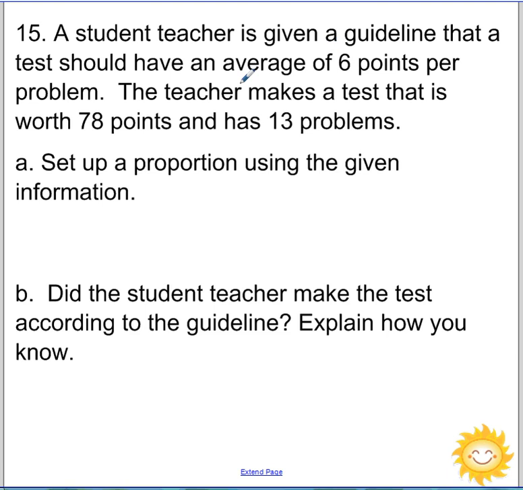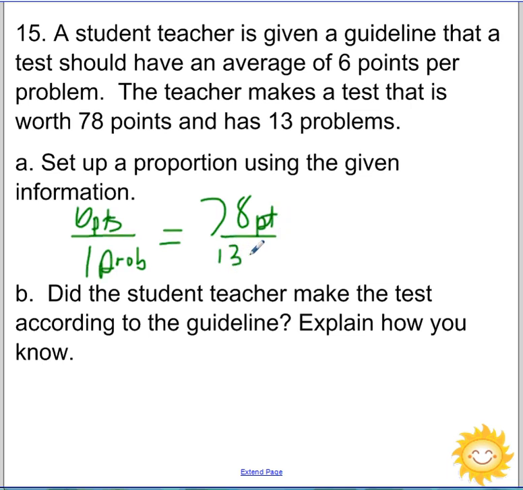So the average is supposed to be 6 points per problem, so per one problem. And is that the same as 78 points for 13 problems?